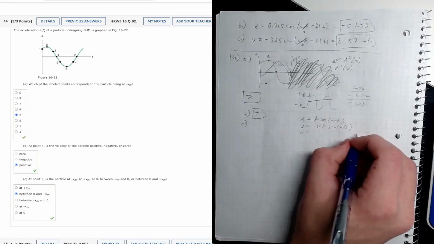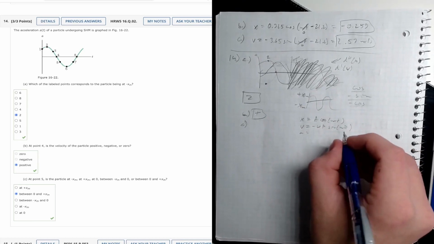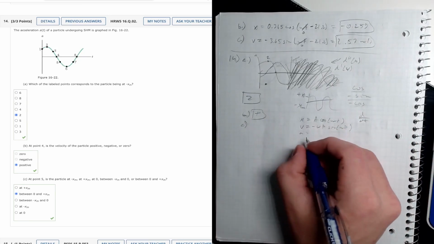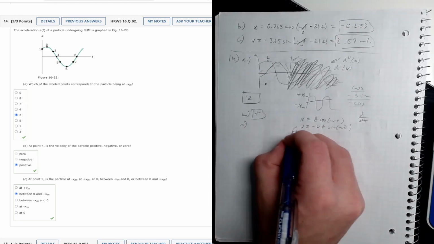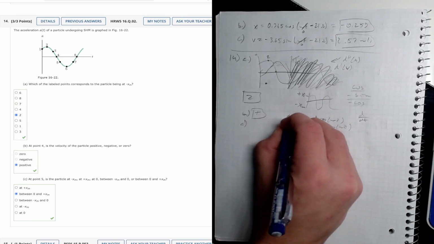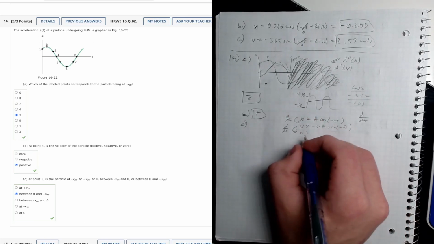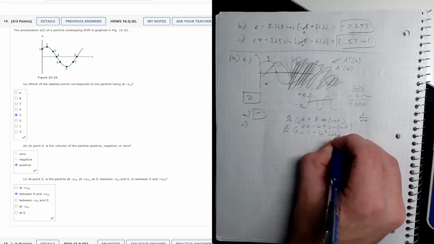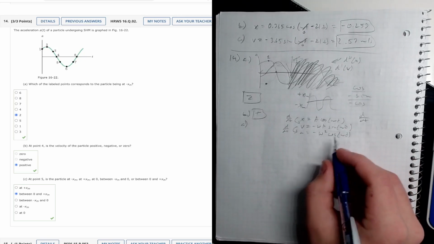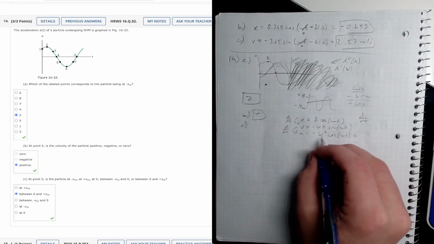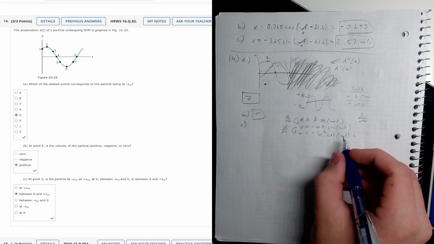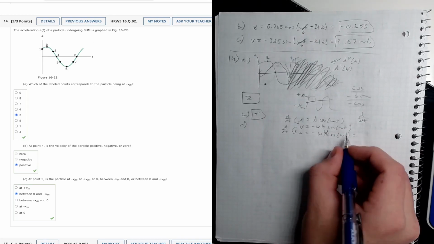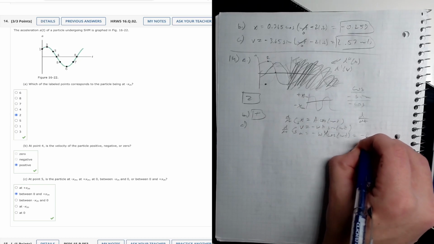And then the acceleration is the derivative of that with respect to t, d/dt, which is negative w squared A cosine wt. And this is equal to negative w squared cosine wt times the amplitude, and we know that amplitude times cosine wt is equal to x, so it is equal to negative w squared x.